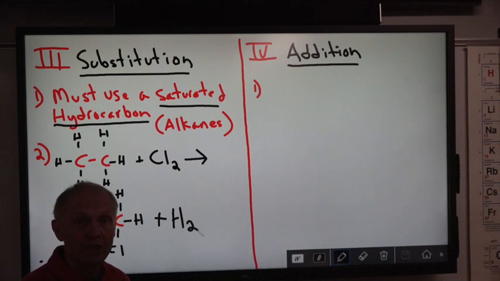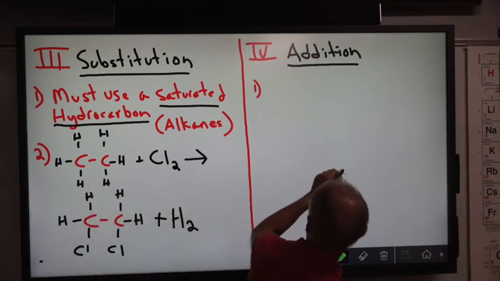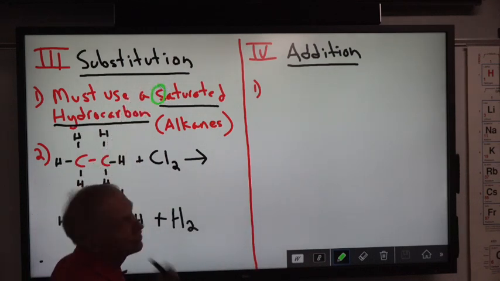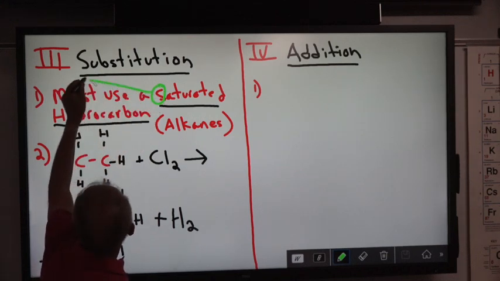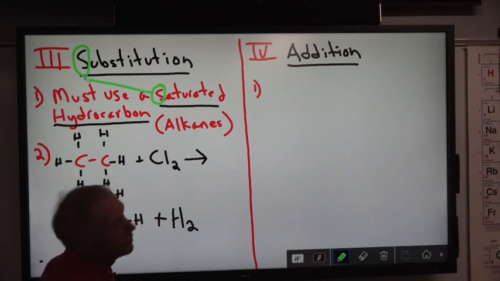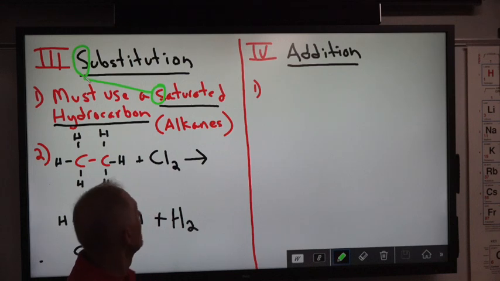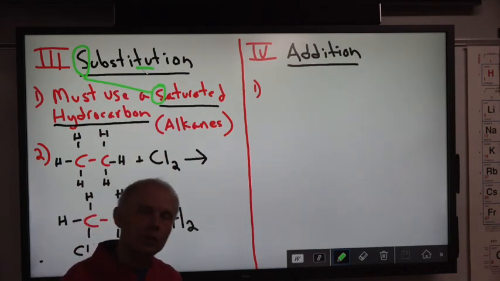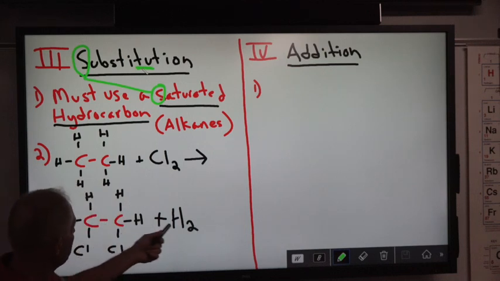Now, the huge thing about substitution is this. Now watch. Saturated. We need saturated hydrocarbons. Saturated starts with an S. Substitution starts with an S. So substitution needs saturated. And it goes substitute. And the 2 in substitution stands for two products. There's one product there, and there's another product there.